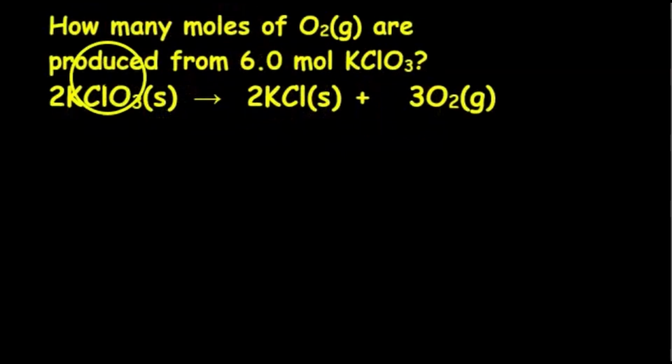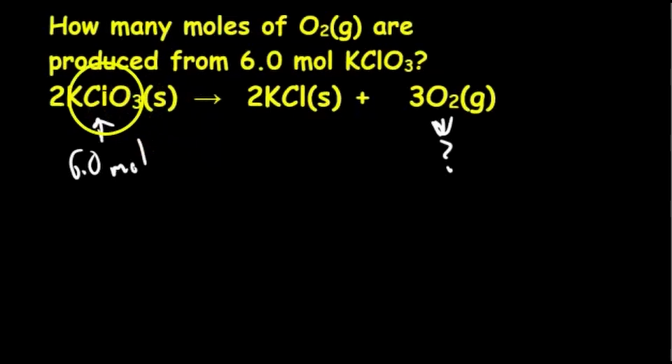So we have a chemical equation, and we want to know how many moles of oxygen. Here's oxygen, so we want to know how many moles of this we get. But we're given 6.0 moles of KClO3. Now, these numbers in this chemical reaction tell us the ratio of how the compounds react.